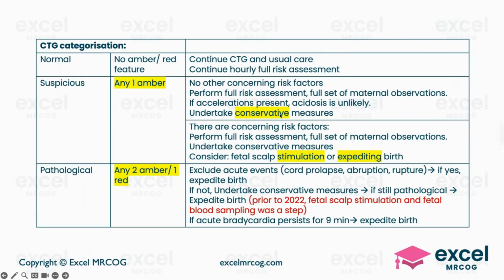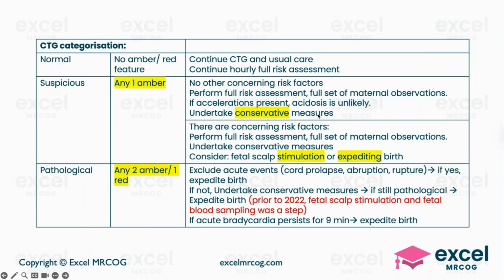You do a full assessment. It can be because there are some abnormalities that you pick up, which you can take conservative measures for. Meaning, you have found underlying reasons for it.